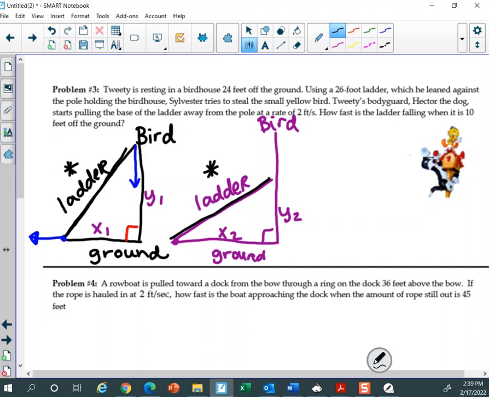We are maintaining a right triangle relationship as the bottom of the ladder is pulled this way, which means the top of the ladder is falling. So whatever x squared plus whatever y squared is equal to whatever z squared is. And z is going to be my ladder.